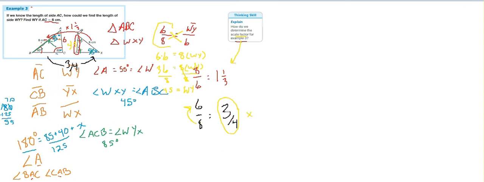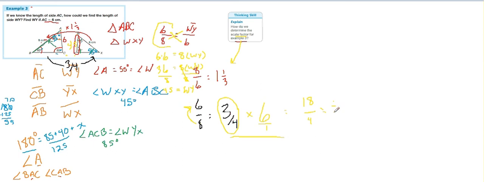So we determine, what does WY match with? It matches with AC. If AC is 6, all you do is use your scale factor times the known side from the bigger triangle. 6 gives you 18 over 4.